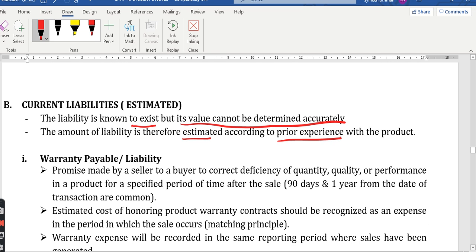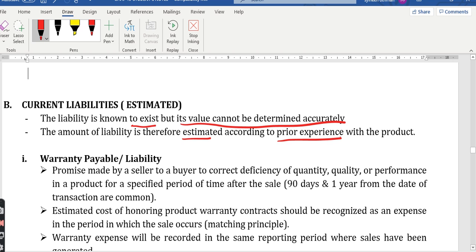So it's actually a liability. Warranty is a promise made by a seller to a buyer to correct deficiency of quantity, quality or performance in a product for a specific period of time. Like when you buy goods, the goods have a guarantee. So within, let's say, 30 days or 60 days or 100 days or maybe 1 year, if the goods are spoiled, you can return the product to the seller, and you will get a refund or be replaced with a new product.